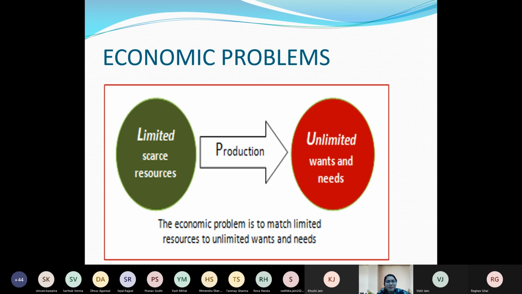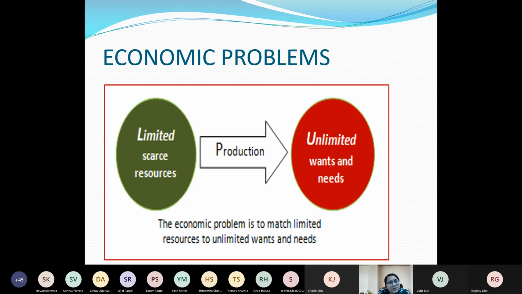Human wants are unlimited, and the means to fulfill those wants are limited, because resources are scarce, right? And why does the problem of scarce or limited resources need a study of economics? Because these limited resources have alternative uses, right?